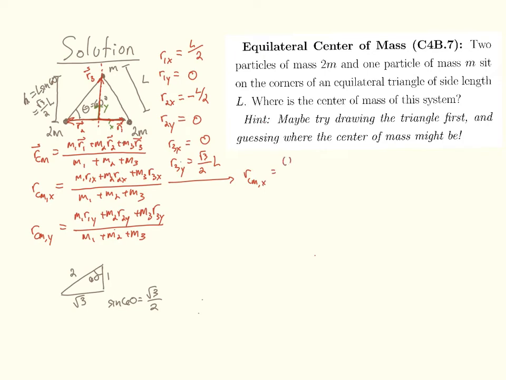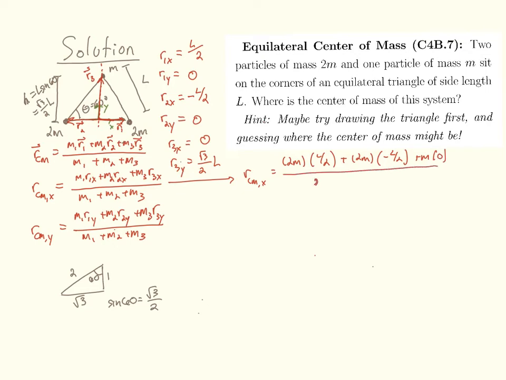M1 is 2m. The x component, R1x, is L over 2. M2 is 2m. The x component of that is minus L over 2. The last one, M3, is m. It has 0 x component, 0.